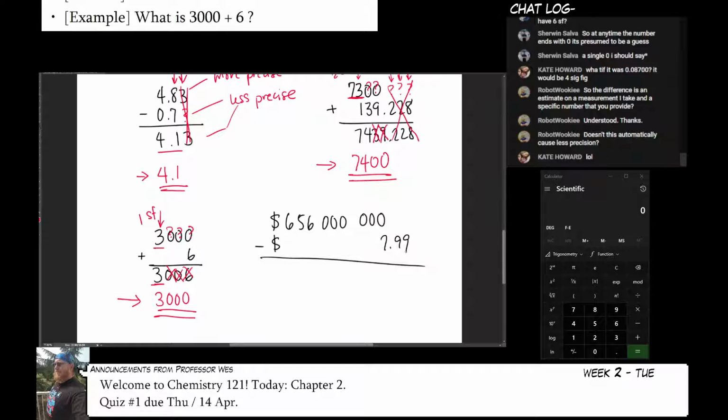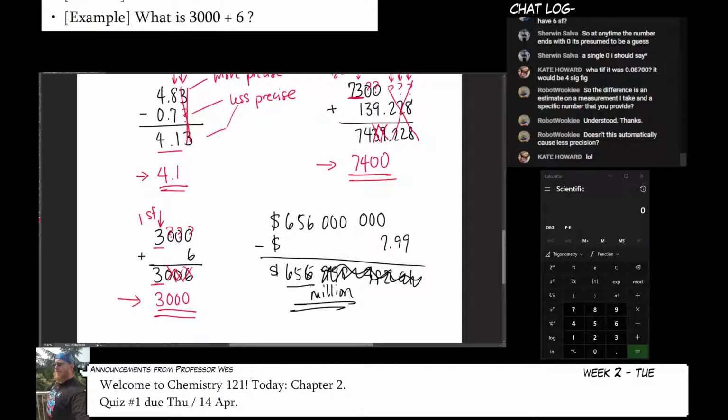How much money do you have left after buying your burger? Is it $655,999,992? Or do you just say, forget these digits, I no longer care about any of those. These are the digits I care about, right? $10,000? Who cares about that, right?